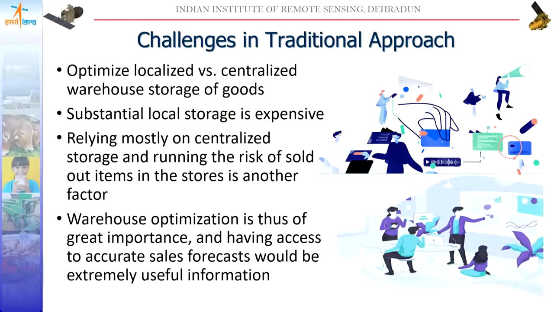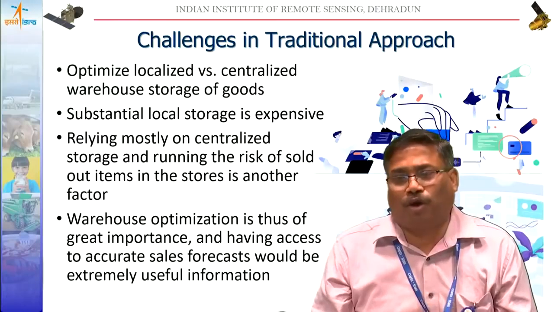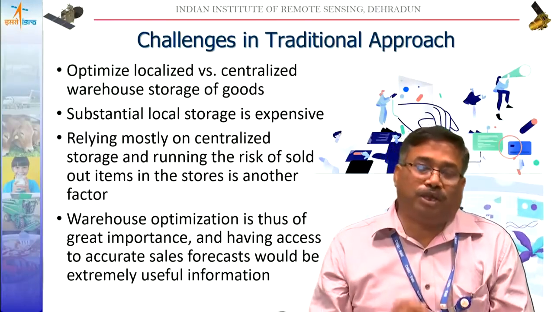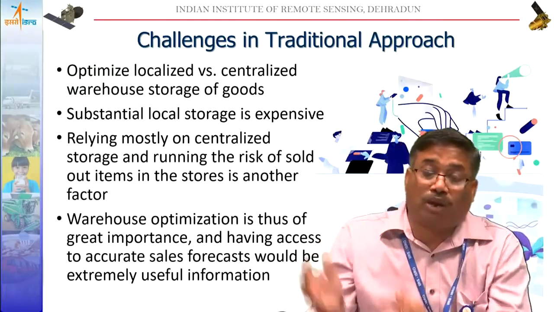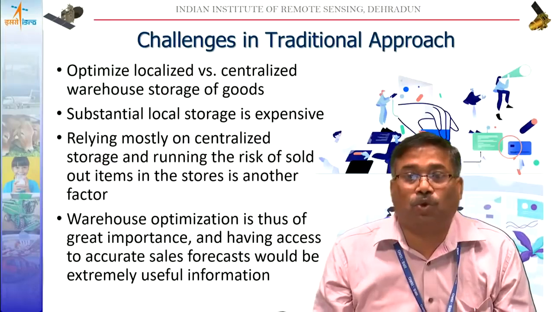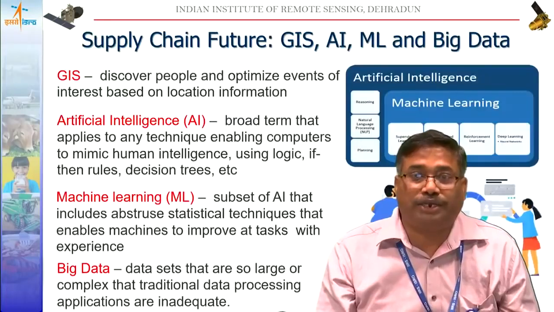So there are challenges in traditional approaches, whether you go for optimized localized storage or you go for a centralized warehouse. There are always pros and cons in the different types of approaches, whether you have n number of localized stores or one single centralized store. But there are always problems associated with both techniques.